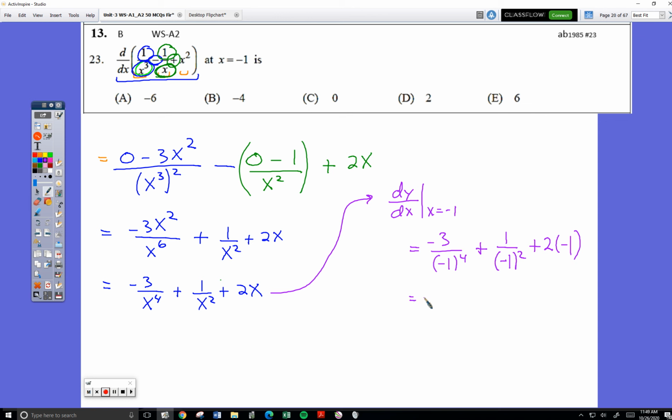So negative 3 plus 1 minus 2 is negative 4. Question. Cool.